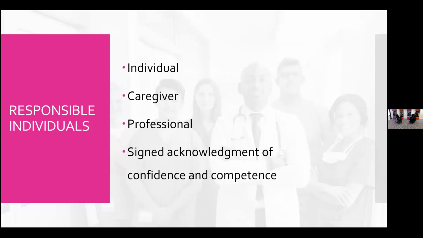Not only will it benefit the individual to be proactive, but it actually will make our jobs easier as well, because we can address those and nip things in the bud before they become significant secondary issues. So thinking about the individual, the caregiver, professional, and then that signed acknowledgement of confidence and competence.